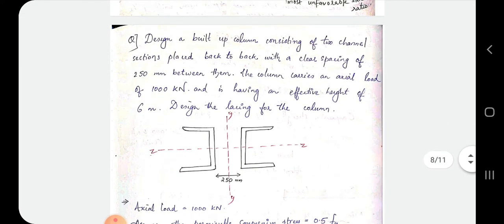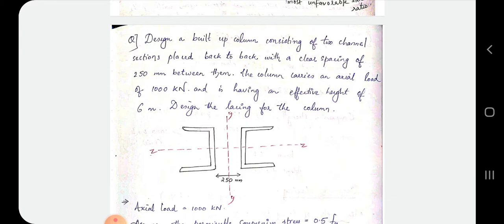Now we will be doing a problem. The question is: design a built-up column consisting of two channel sections placed back to back with a clear spacing of 250 mm between them. The column carries an axial load of 1000 kN and has an effective height of 6 meter. Design the lacing for the column.